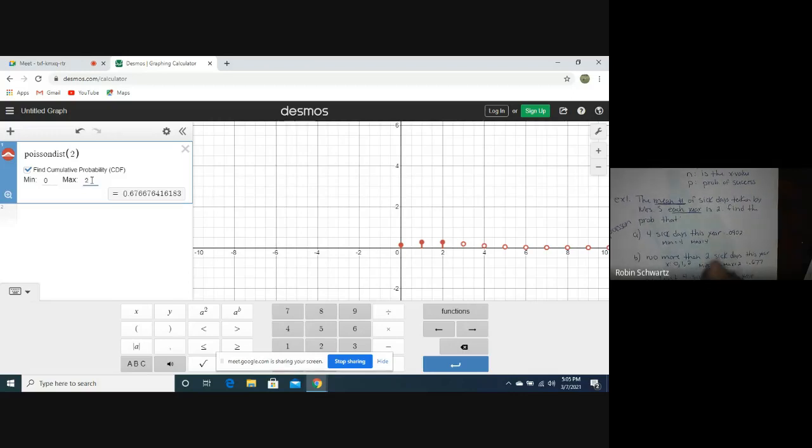And then at least 4. At least 4 means 4, 5, 6, 7, all the way up to infinity. So this is nice because you can put infinity in Desmos, but you can't put infinity in the graphing calculators. They have to do a 1 minus the lower chunk, but watch this. So you're going to put the min at 4, and the max, you're going to start typing the word infinity.